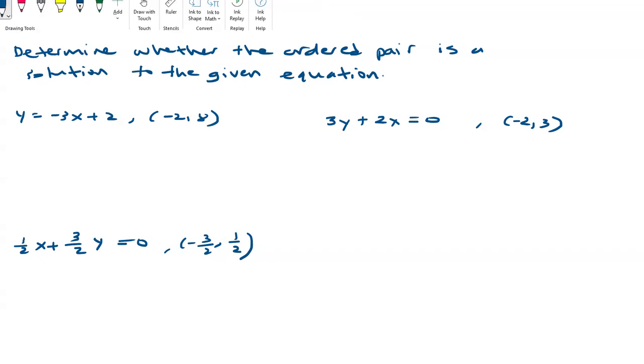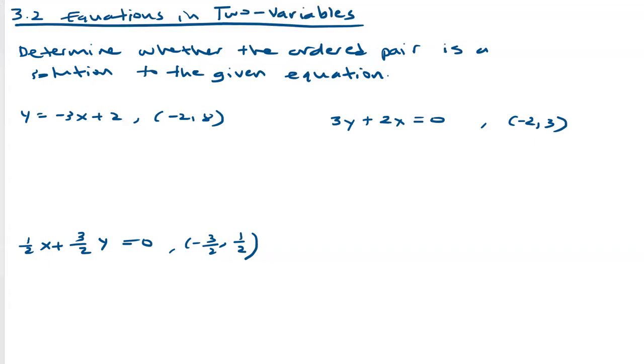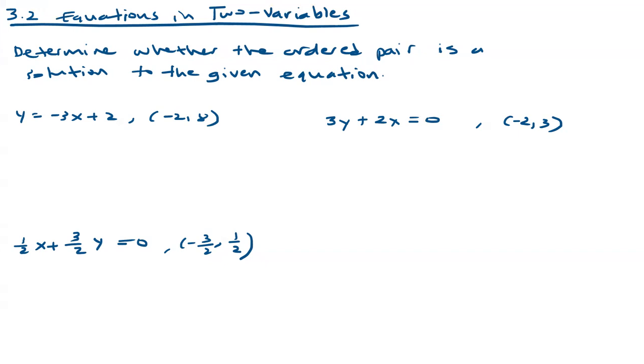Okay, so the first one we have here is y is equal to negative 3x plus 2. And then we have the coordinate negative 2, 8. Then for number 2 here, we have 3y plus 2x equals 0.